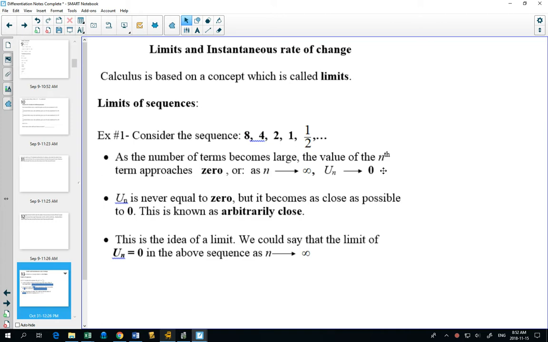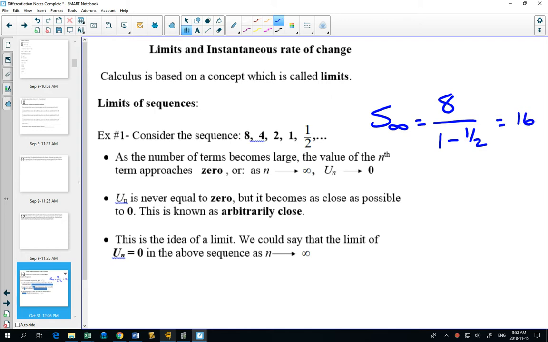And if I added those all up, you can see by my walking, I'm going to get really, really close to the wall. Will I ever touch the wall? No. But the sum of that infinite sequence would be 16. I mean, you've got your formula. Term 1 is 8 over 1 minus r, where r is a half, and that's equal to 16.